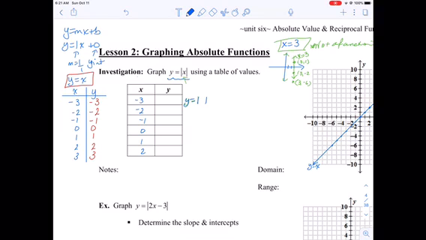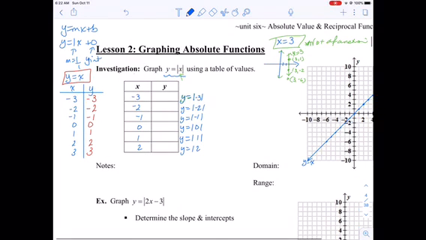Let's put the absolute value of -3, the absolute value of -2, and so on. My x input is not changing.